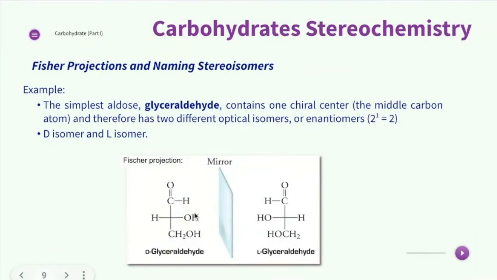Here the OH is placed at the right, so it is D-glyceraldehyde. And its mirror image isomer is L-glyceraldehyde because the hydroxy group is at the left. Okay. So that is how you read the Fisher projection and name the molecule.